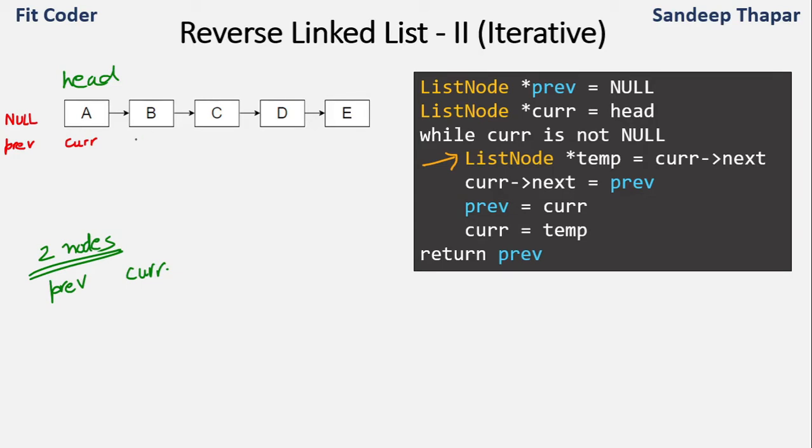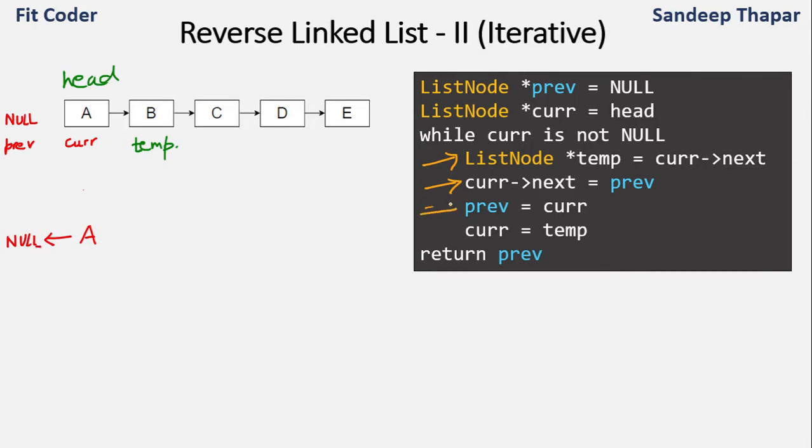Current next is B, so we'll keep a pointer to B. And we'll make current next point to previous. So what we are doing is, current is A, current next is previous, which is null. So we have made next of A null.